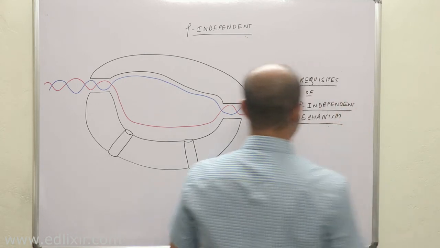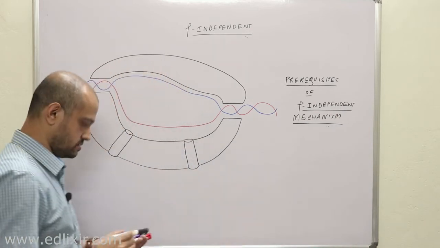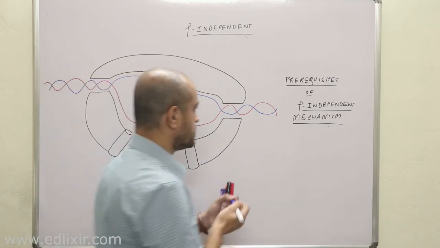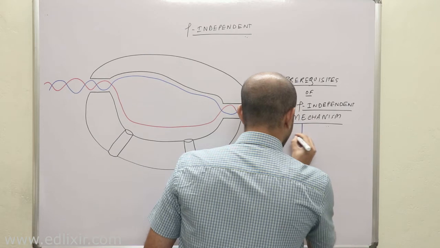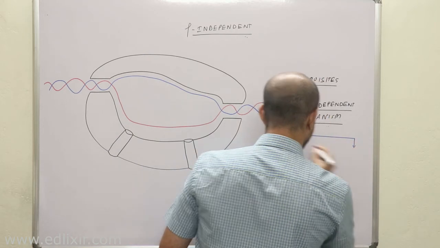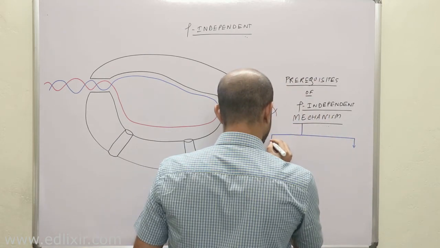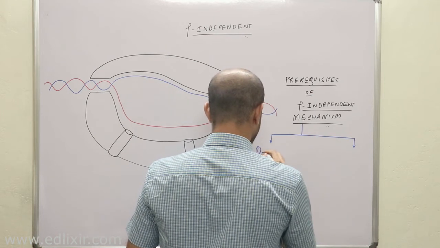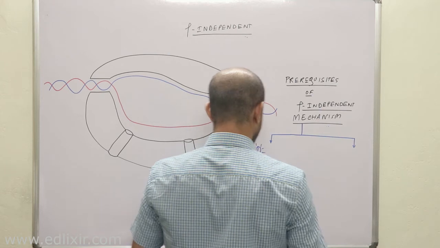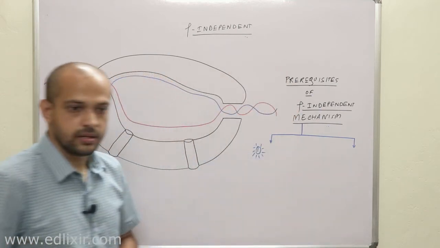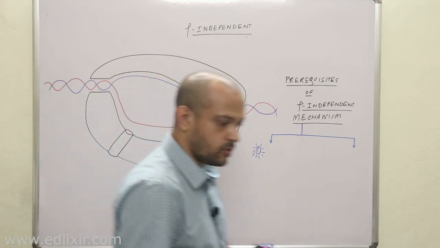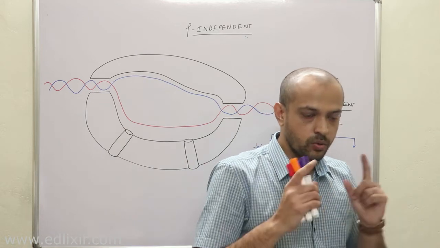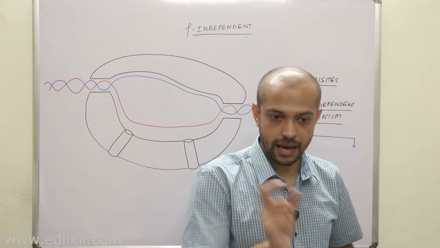The prerequisites of Rho-independent mechanism. Now listen with all your attention. Prerequisite number one is very, very important: there should be alternative base pairing having a gap.